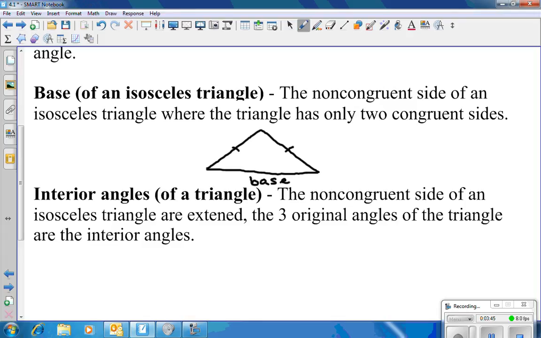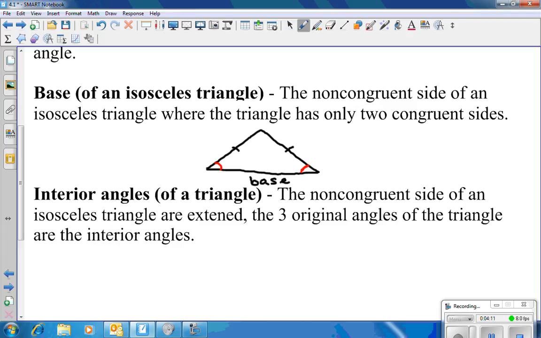All right. When that occurs, the base angles are always going to be the same also. So if it's an isosceles triangle, not only are your 2 legs of the isosceles triangle the same, but the base angles are the same. So if this one's 30, then the other one across from it has to also be 30. Okay?